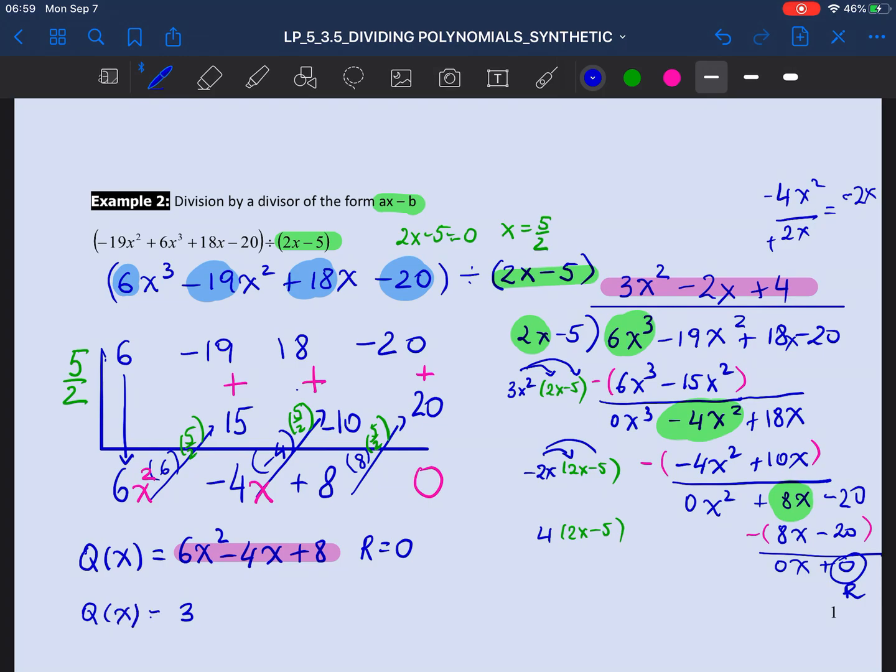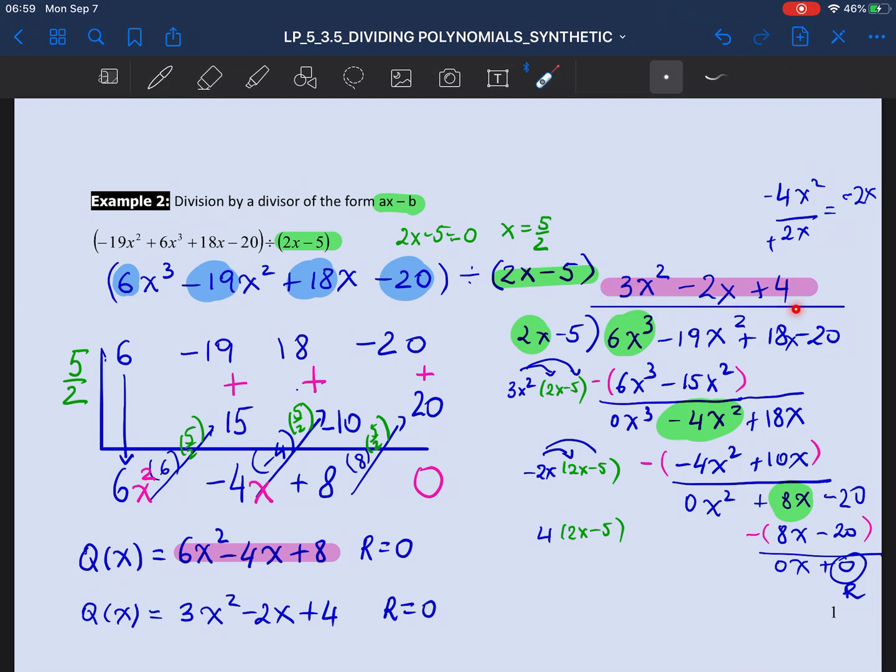So the quotient from the long division is 3x squared minus 2x plus 4. Remainder still 0. And now I'm thinking, I got two different quotients for the same division, so one of them is right, and the other one is wrong. So which one is the correct one?